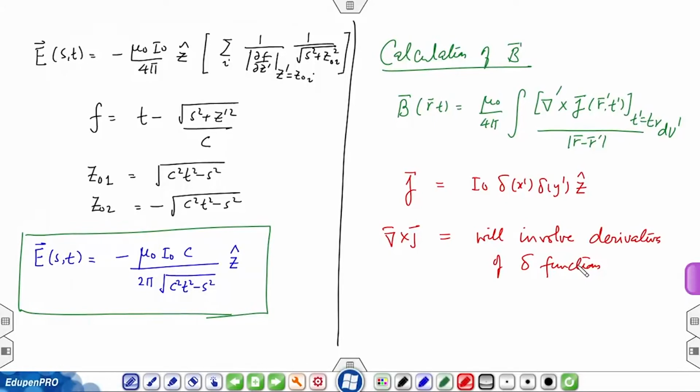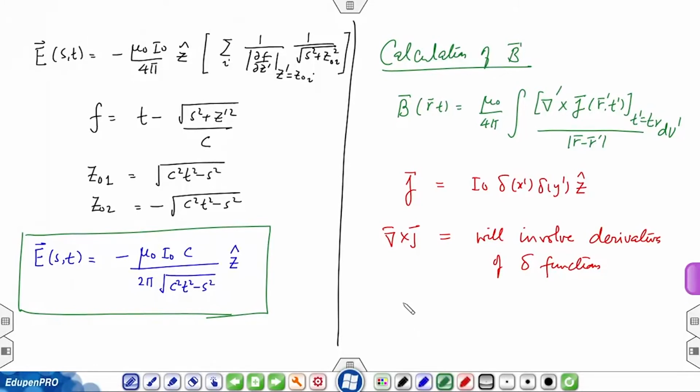This is what I had remarked, that calculating the fields directly sometimes can be problematic. For example, in the calculation of E, if I had a delta function charge, I would run into a problem, because we take the gradient of the charge density. So, that is why one goes to the potential formulation. So, here I am not going to do that calculation.